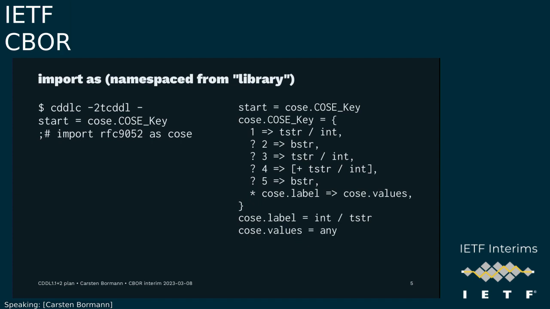So you can say import RFC 9052 as cose, and then you essentially get the same thing that we had on the previous slide, except that every name is prefixed by cose. And that's why the first line of the example also is changed, which now says start equals cose.COSE key, because there is no COSE key anymore. There is only cose.COSE key. So that's what the start rule actually pulls in from RFC 9052.